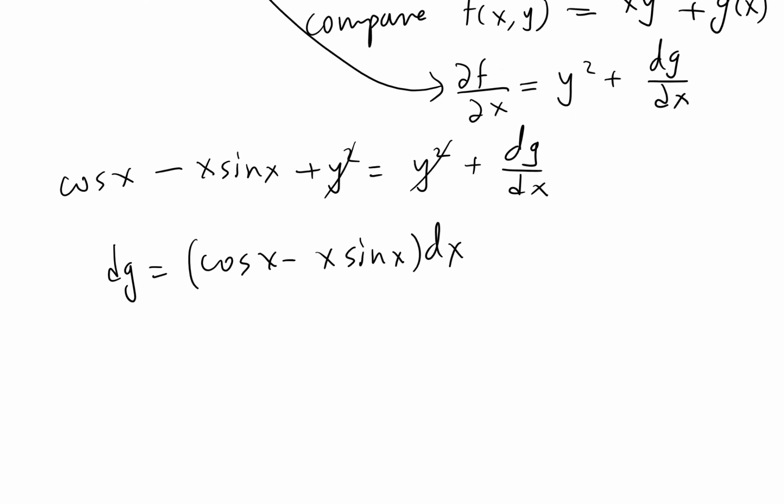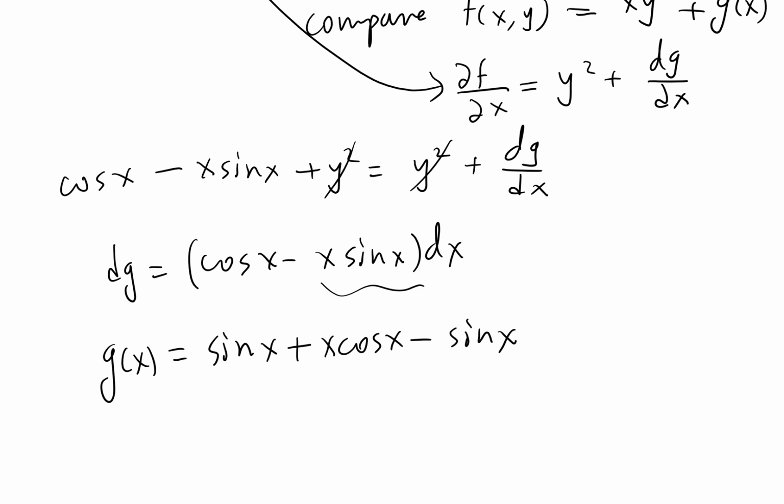Then integrate both sides, you get g of x equals the integral of this, which is sine x, minus the integral of this one. If we do it by parts, that will give us plus x cosine x minus sine x, integration by parts. These cancel out, so that gives me g of x, which is x cosine x.